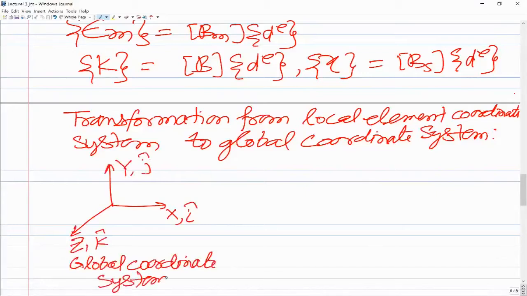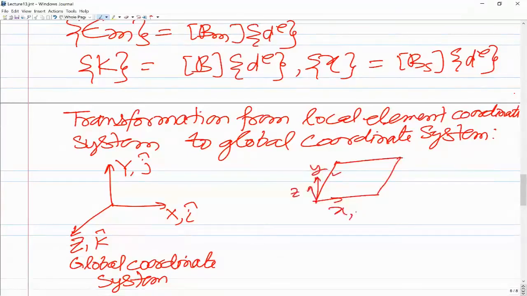And then you have an element, a particular element, the eth element. For that eth element you have, say, this x-axis, and it could be an arbitrary quadrilateral. So y need not be aligned along this edge, but it can be at some angle. That's the y-axis, and then you have the z-axis along the thickness.